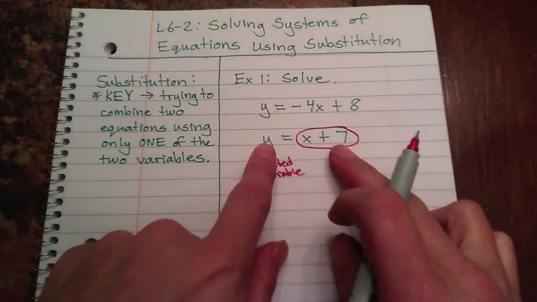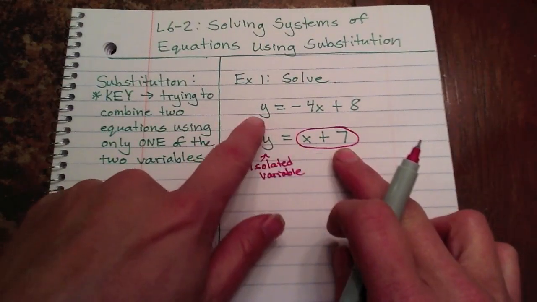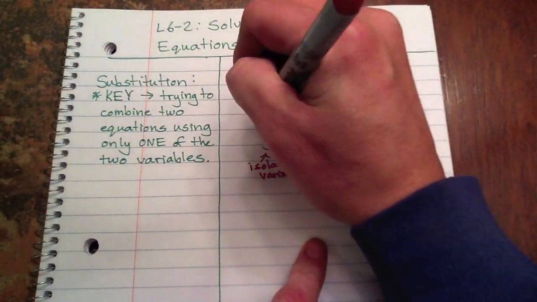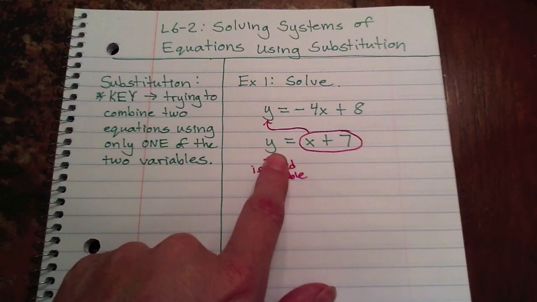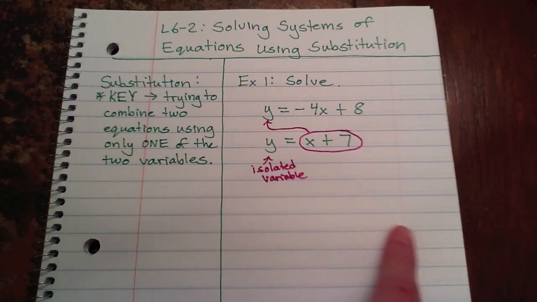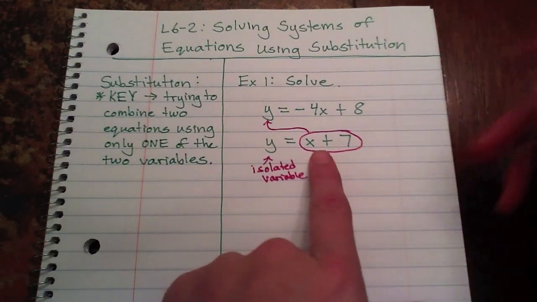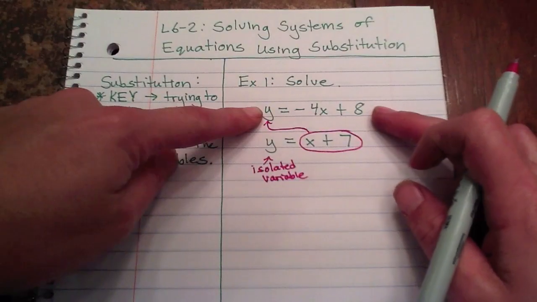That is equal to y. Because that's equal to y, I can plug it in for y in my other equation. So then you draw an arrow to the variable that was isolated in the other equation, and now you're going to rewrite it as one equation. Notice when you rewrite it as one equation, you're going to have x plus 7 for y, and you're going to have negative 4x plus 8 over here.